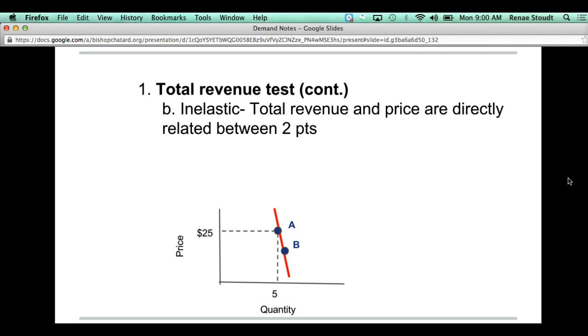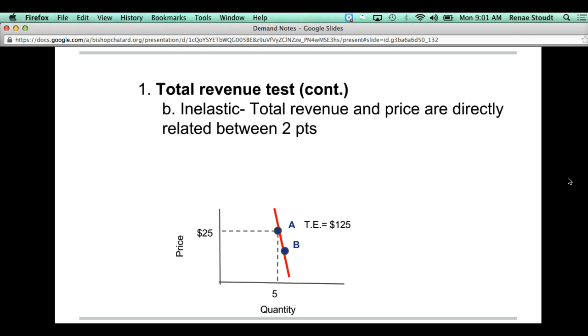So our total revenue at point A is going to be 125. 5 times 25 is 125. So total revenue at point A should be TR. Need to change that, sorry. TR is going to be 125. So total revenue is 125 at point A.